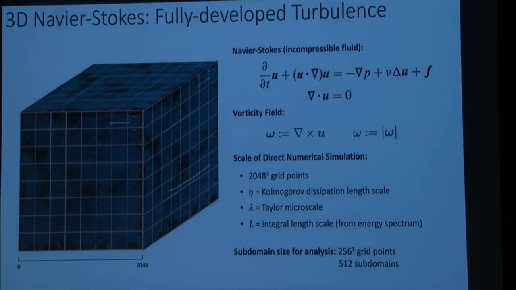We've got 512 blocks of this fluid. And we want to know, how can we use all this data to organize statistical relationships across the dynamics of each of these subdomains? So what physical rules or statistical relationships might we be able to uncover by examining these 512?